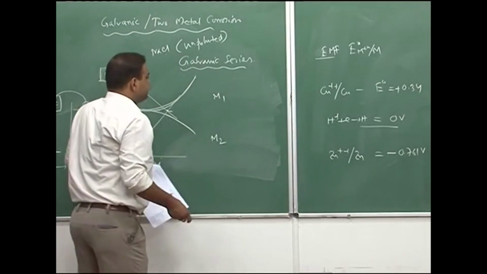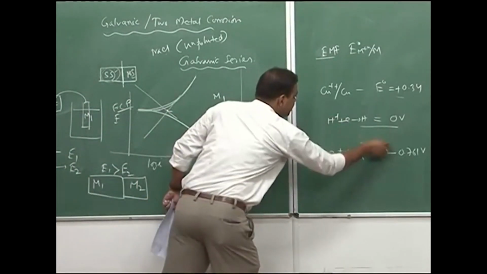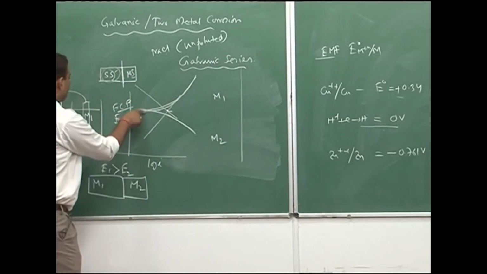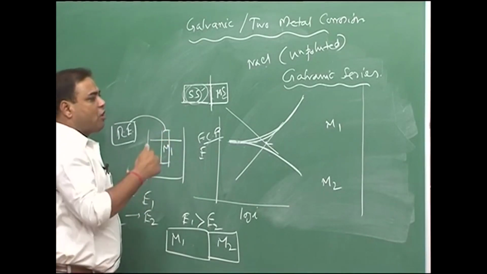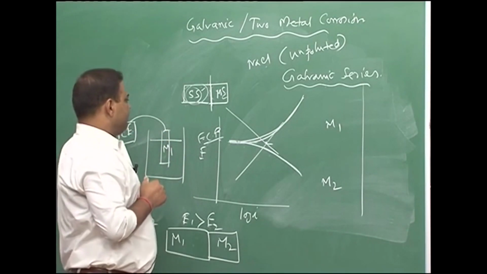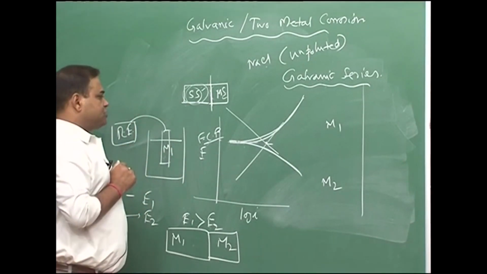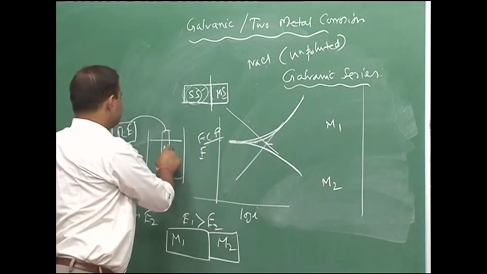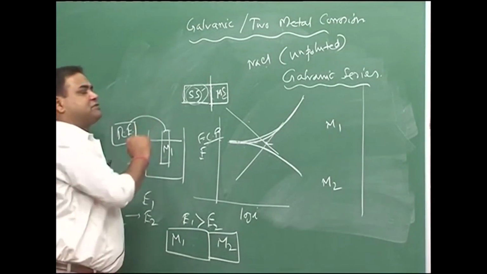But in case of the galvanic series, we just have to see the relative behavior of all those metals, elements or different species, for example dissolved oxygen, that is, what is the relative position as per the free corrosion potential in a particular solution.